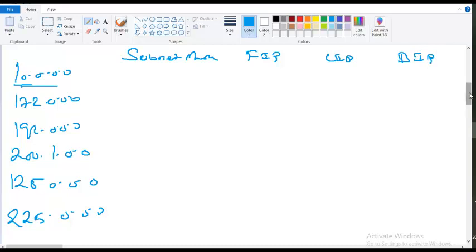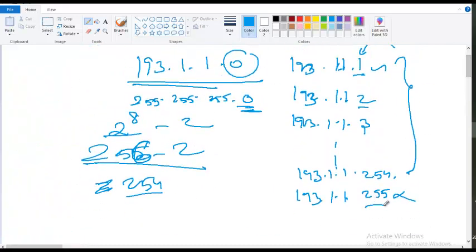I told you this one is not a usable address. Why? Because it's a broadcast address. The last address, when all the host bits are on, you get 255. When all the host bits are on, 8 bits are here, you get 255.